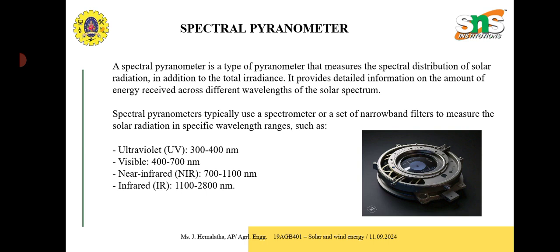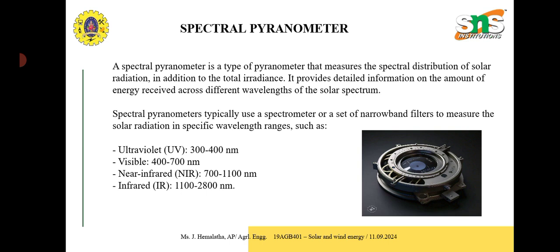Then the spectral pyranometer, which will measure the solar radiation using wavelength ranges. For different wavelengths, it will measure the solar radiation intensity.